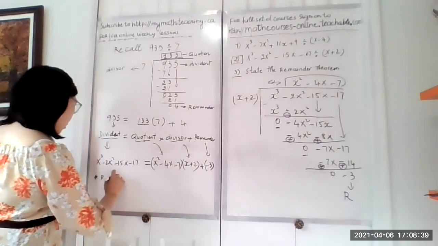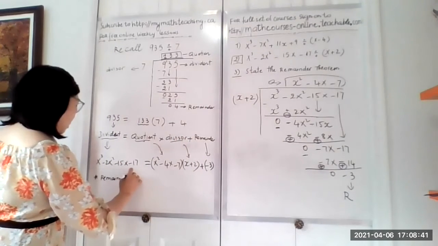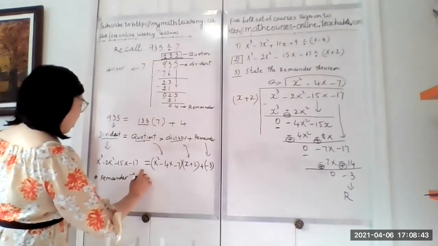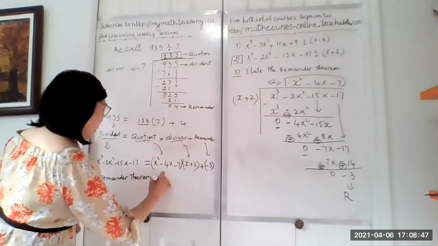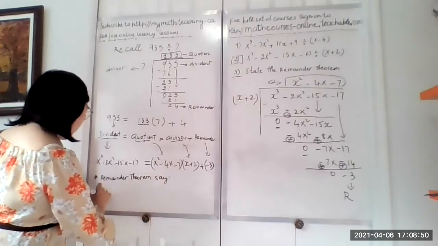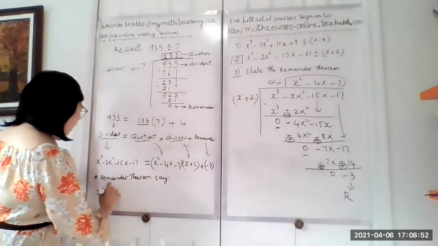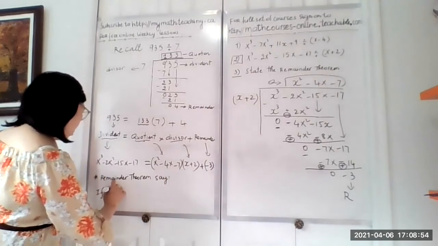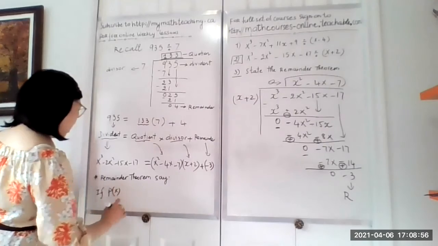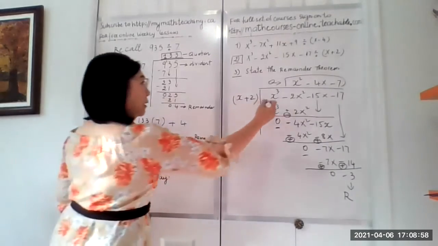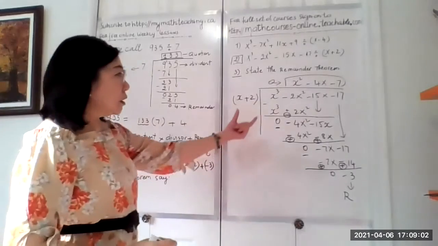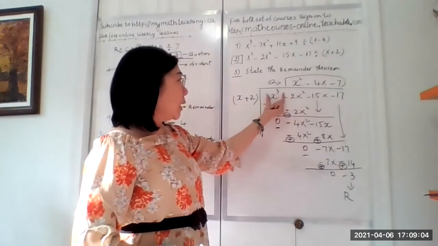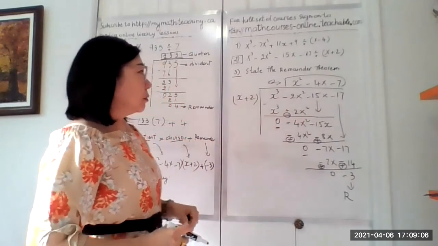The remainder theorem says, if we have a polynomial function p of x, right? Just like the dividend here, but that is a polynomial function. This polynomial function has a highest degree of 3.